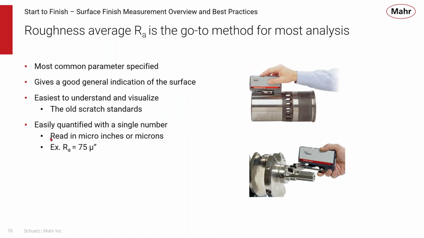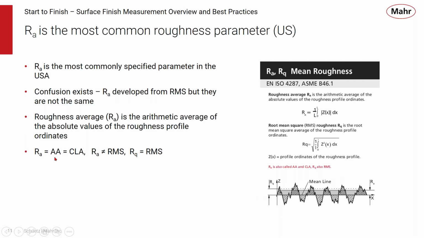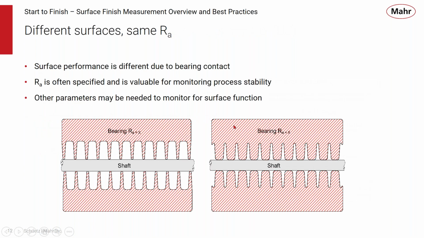So Ra equals arithmetic average or centerline average. Ra does not equal RMS. Rq is a parameter which equals RMS. But again, Ra, or roughness average, is the most common parameter used today. And there's an ISO standard and an ASME standard that defines how the Ra is calculated.